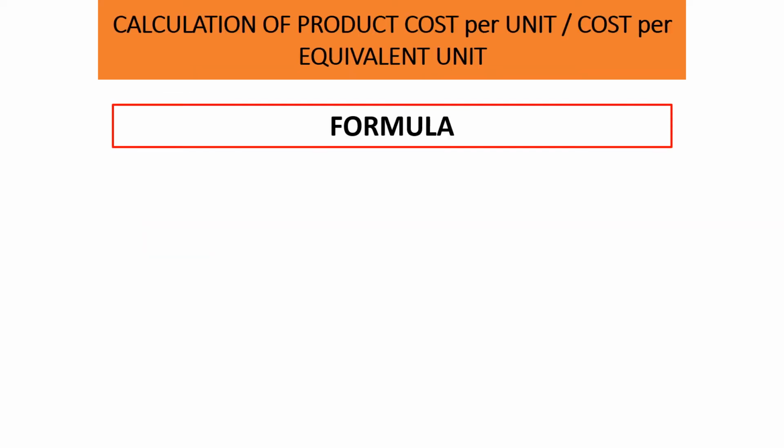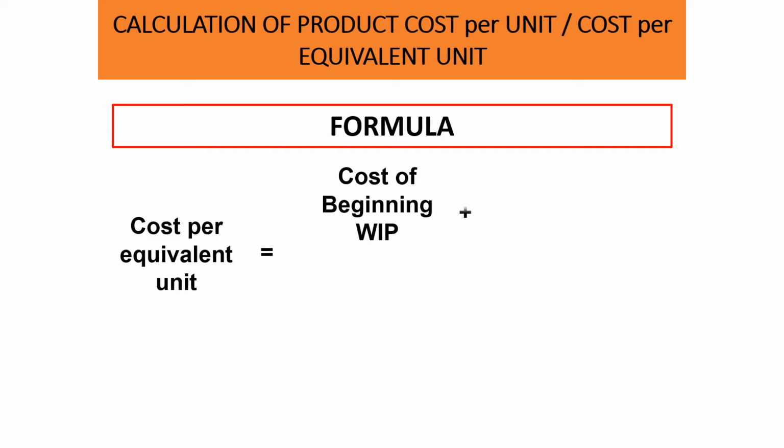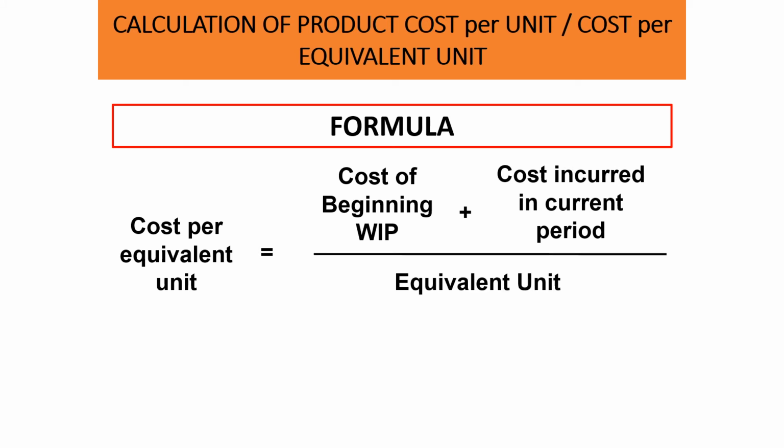Calculation of product cost per unit, or cost per equivalent unit. Cost per equivalent unit equals cost of beginning add cost incurred in current period, divided by the equivalent unit.